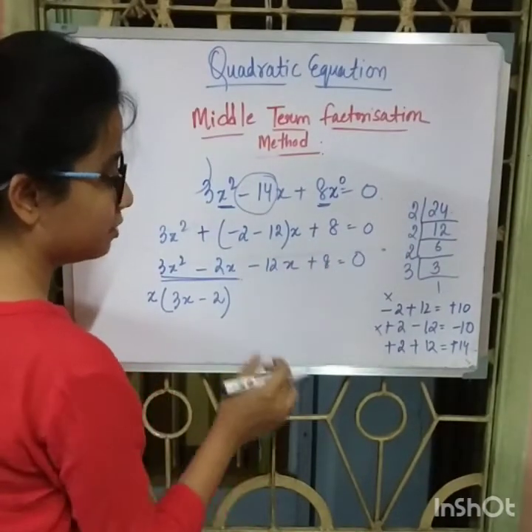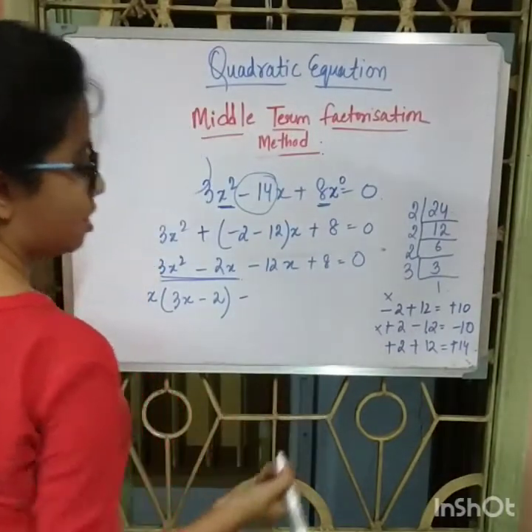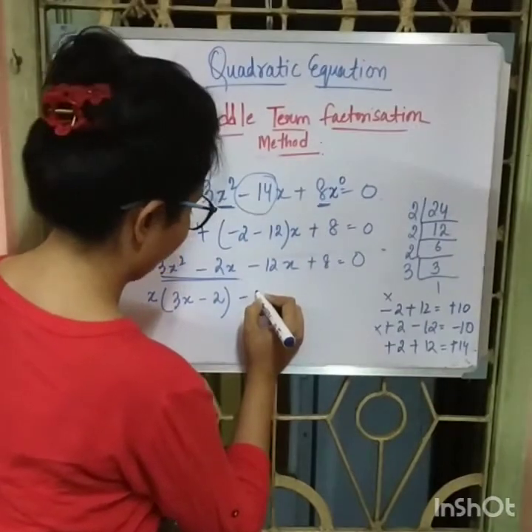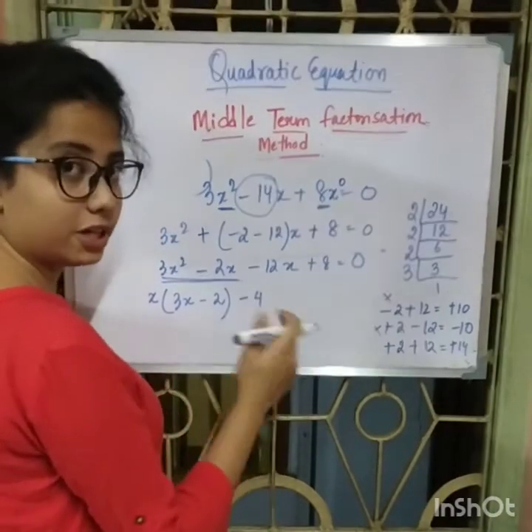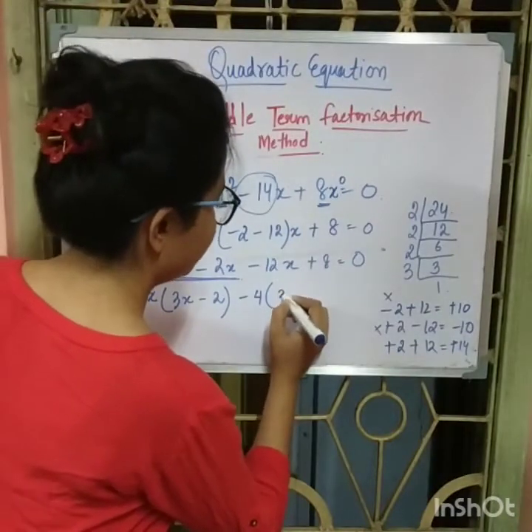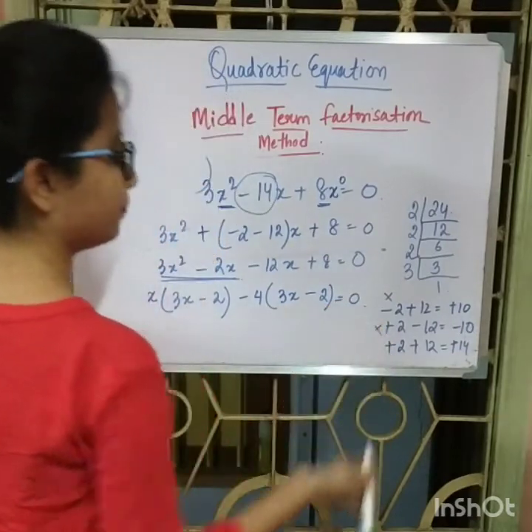Then from here, we need to take something common again. Here we can take a minus common and also a 4 common. So what remains is 3x minus 2 is equal to 0.